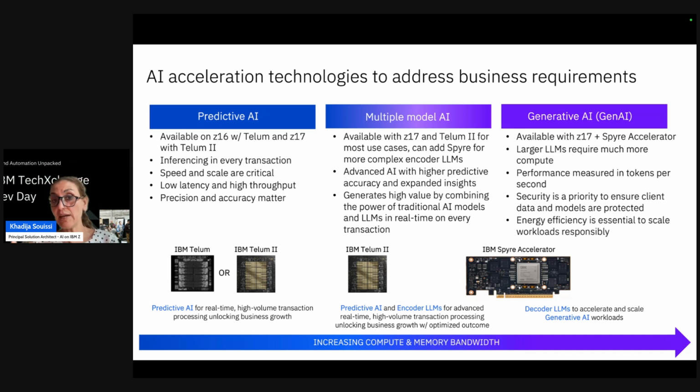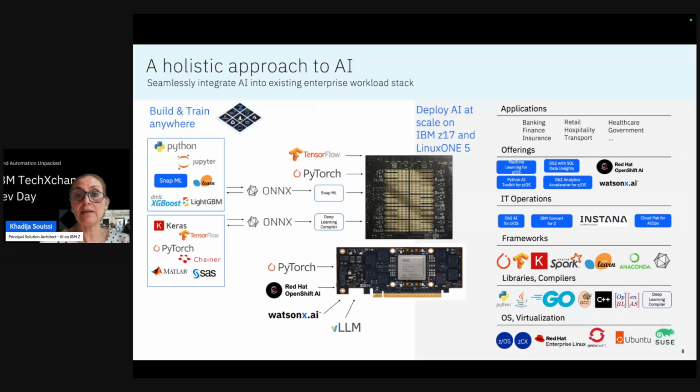And then in terms of generative AI, this is basically going to be the decoder LLMs that will be running on IBM Spyre Accelerator, which are going to be supported again by the end of this year. So you see, as we are moving from left to right, we are increasing the compute and memory bandwidth, and this is the reason why we are introducing this kind of Spyre card technology. So in order to make that happen, hardware is not enough.